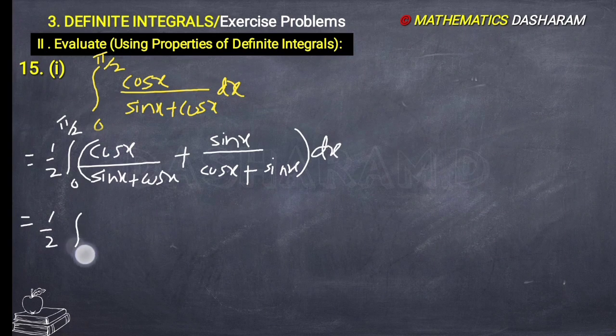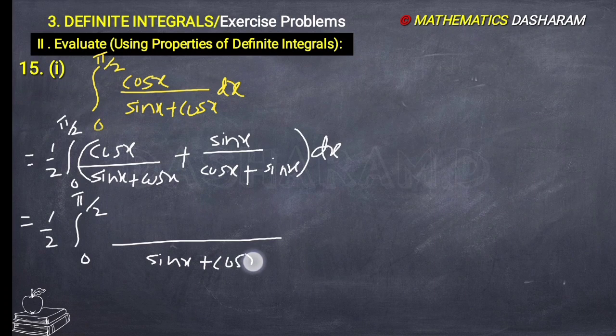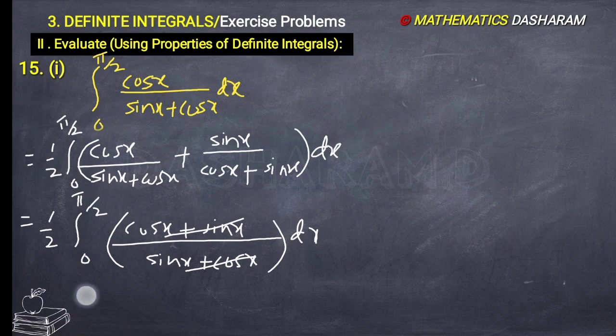1 by 2 integral 0 to pi by 2, here denominators are same, sin x plus cos x, then add the numerators, cos x plus sin x whole dx, numerator denominator cancel, so 1 by 2 integral 0 to pi by 2 dx.